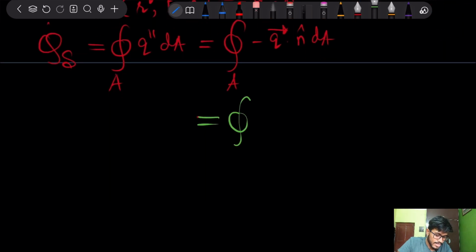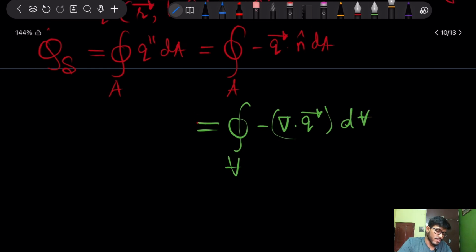If I apply that, it will be a volume integral, minus divergence of this vector q dV. It will be converted to a volume integral after the application of the Gauss divergence theorem.